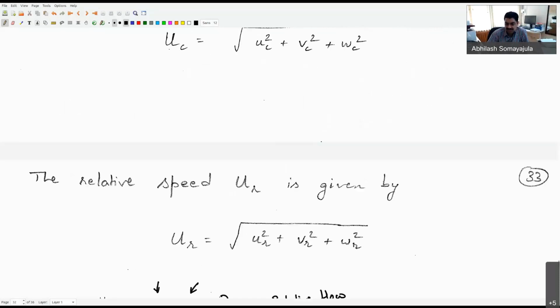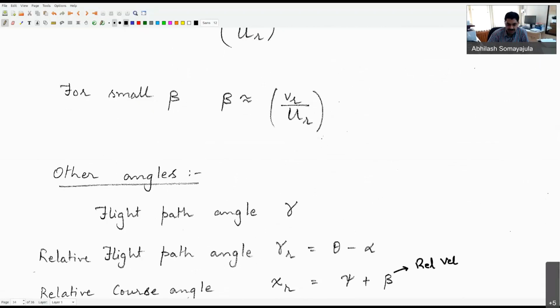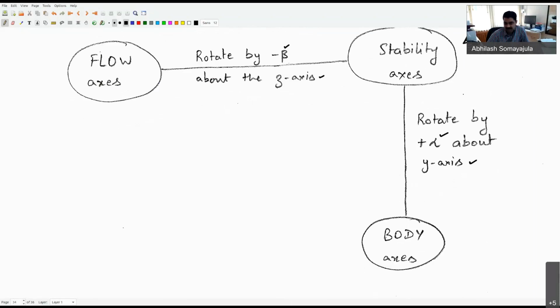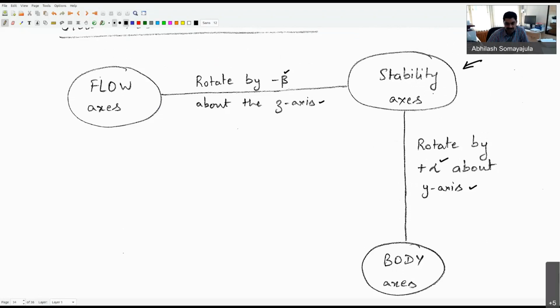Okay, so that is why you see that when I want to go from the flow axis to the body axis, I first rotate by an angle minus beta about the z-axis, followed by a rotation of plus alpha about the y-axis in order to reach my body fixed frame. This intermediate frame which we get, I refer to as the stability axis. Just a name given to it, it will not have much implication on other things.